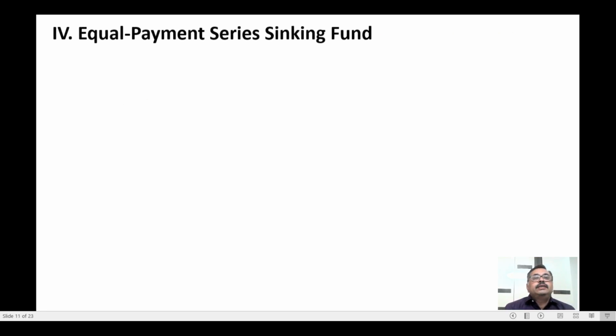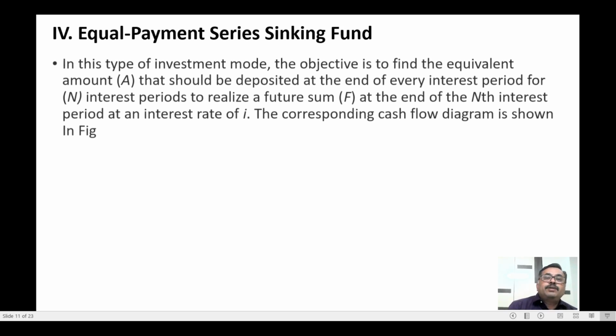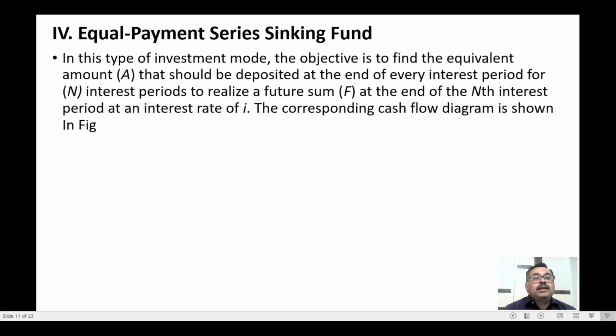Let us go to the next type of series that you have. It is the equal payment series sinking fund method. Why it is called sinking fund means every time you are putting that particular amount. In this type of investment mode, the objective is to find the equivalent amount A, that is how much is going to sink.